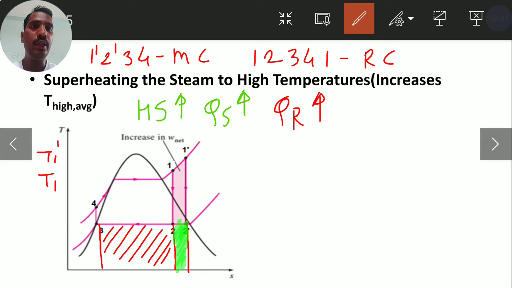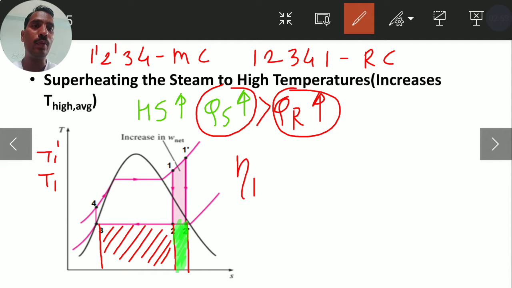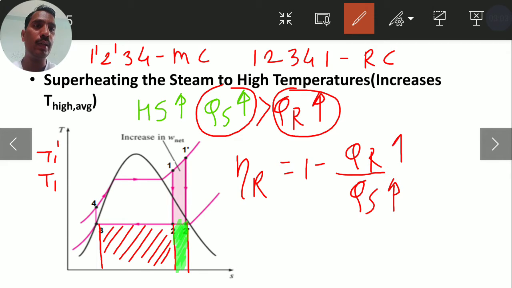Now which increase is more? From this diagram, the heat supply increase area is more as compared to the heat rejection area. Therefore, the performance of a Rankine cycle, that is 1 minus QR upon QS, in which QS is increasing and QR is also increasing, but the heat supply increase is more as compared to the heat rejection, therefore the performance of a Rankine cycle increases.